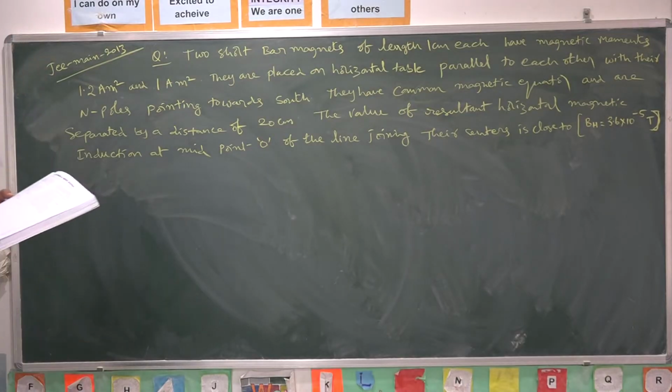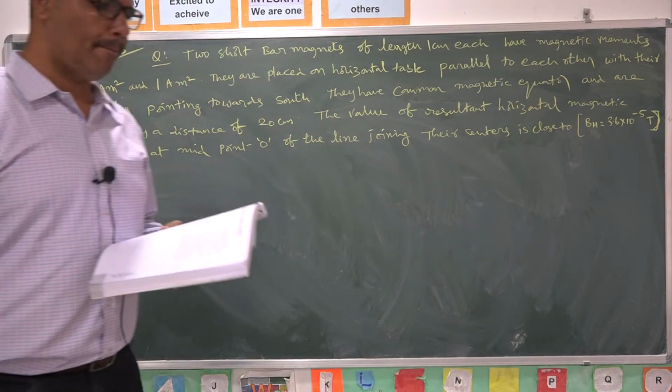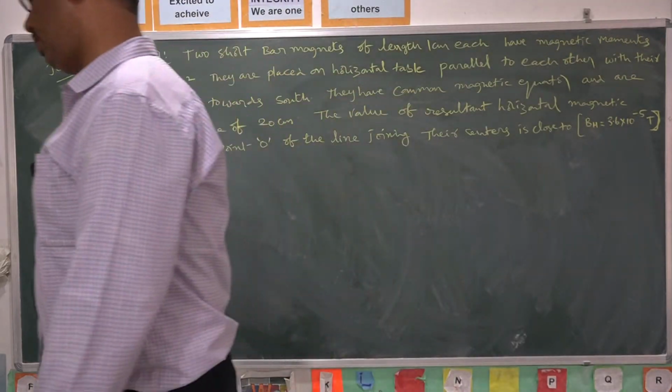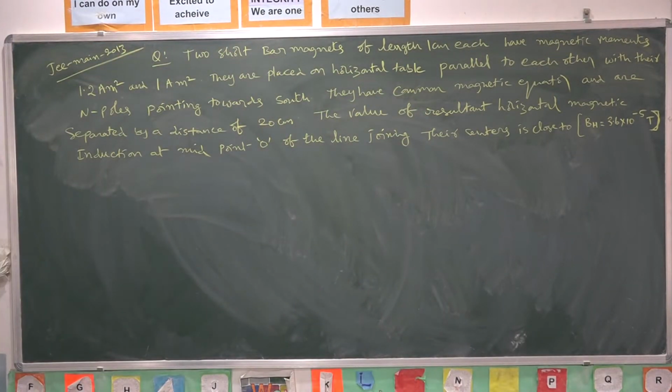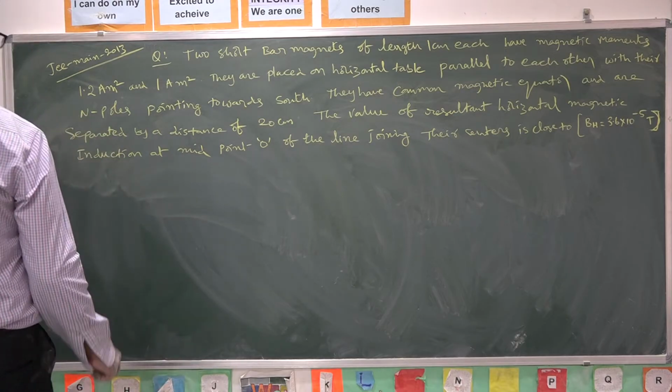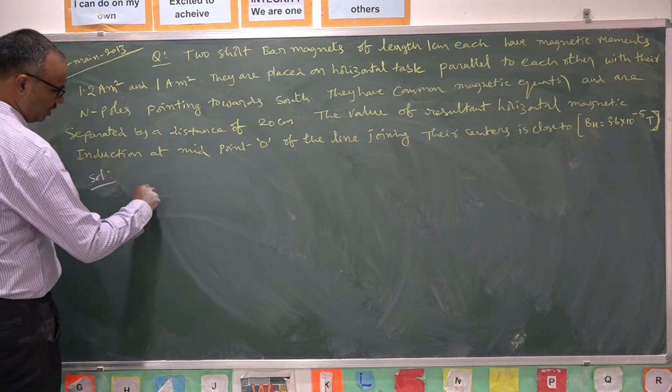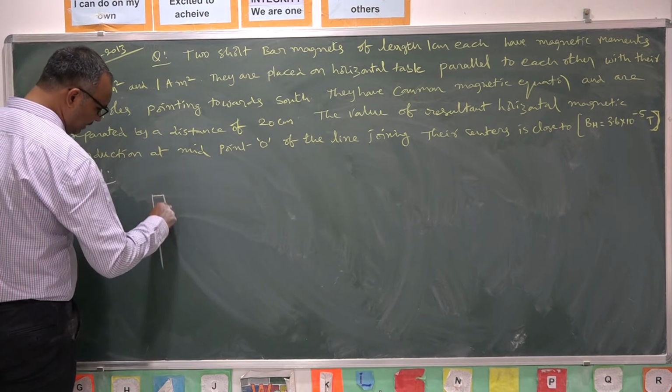The question is a little bit big, but the solution is very simple. First you read the question clearly. After reading the question, we will come to the solution part. We understood that there are two magnets.